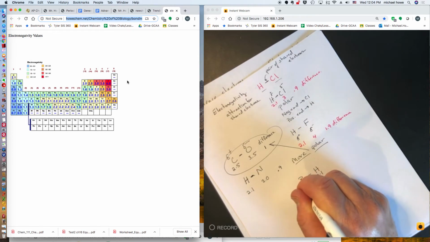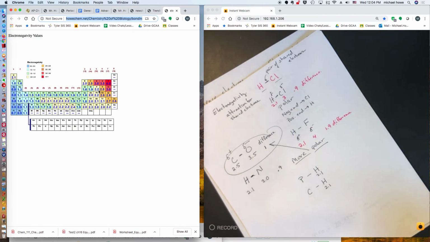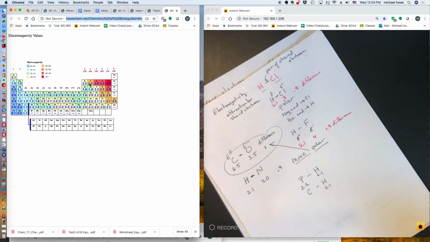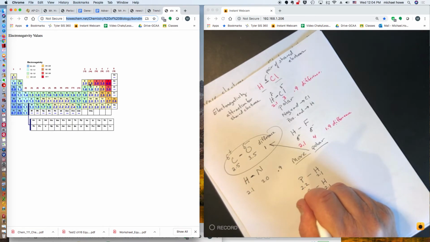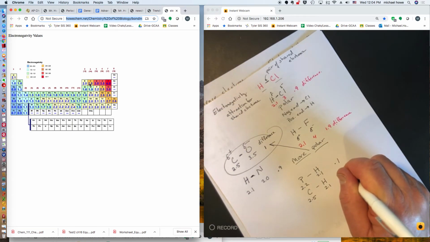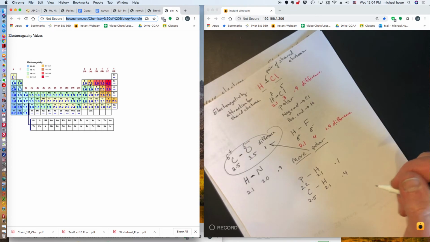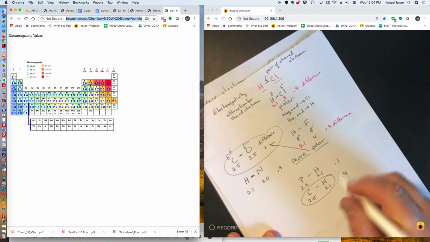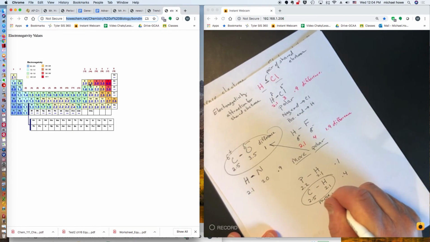P was 2.2, if you look right up here. C is 2.5. Okay, the difference here is 0.1, the difference here is 0.4. Which is the more polar bond? The one with a bigger difference. So that one is more polar.